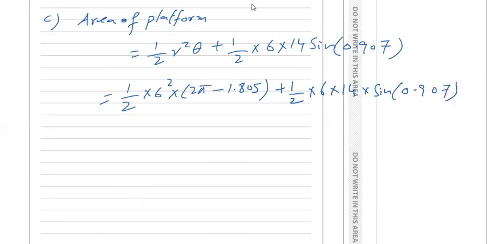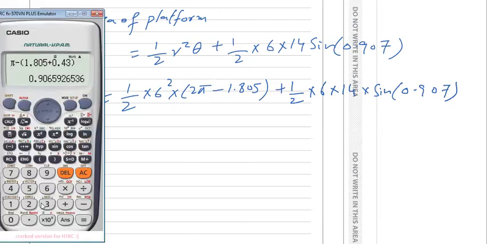Calculating this, 1 over 2 means 0.5, so 0.5 times 6 squared times 2 pi minus 1.805, then plus 0.5 times 6 times 14 times sine of 0.907.